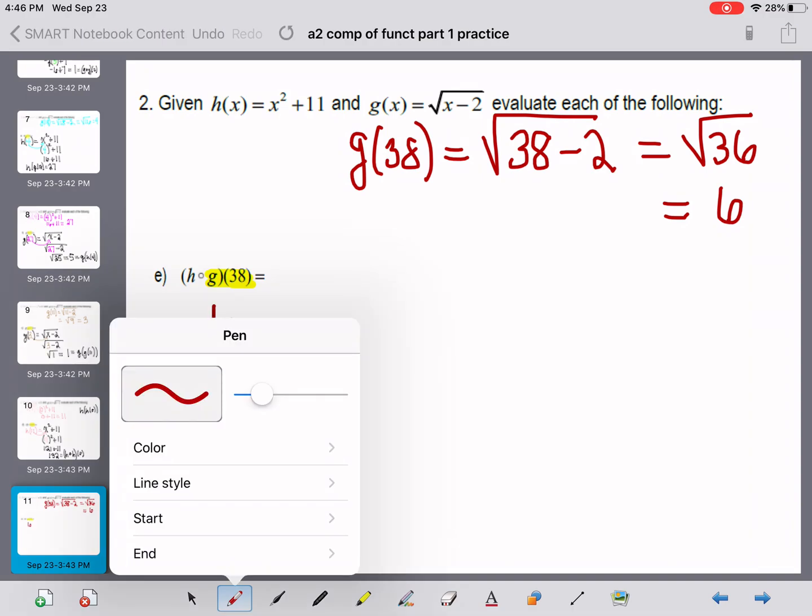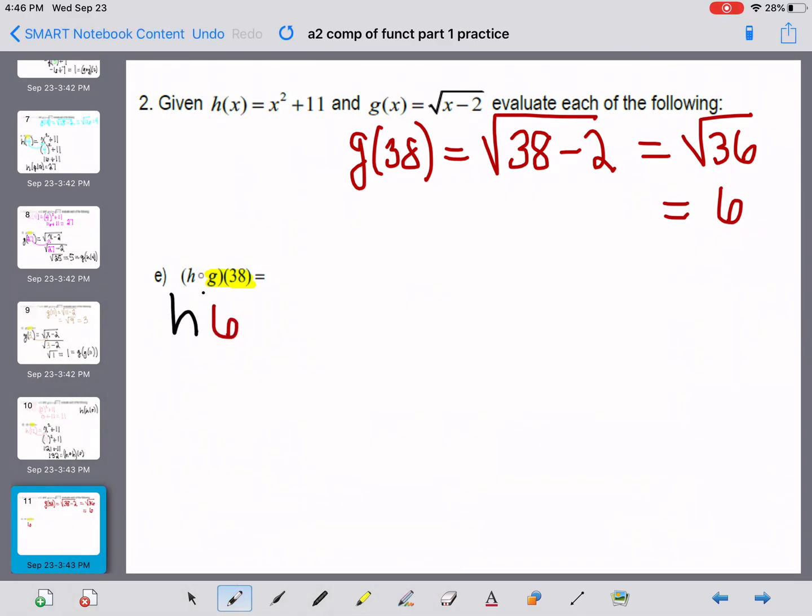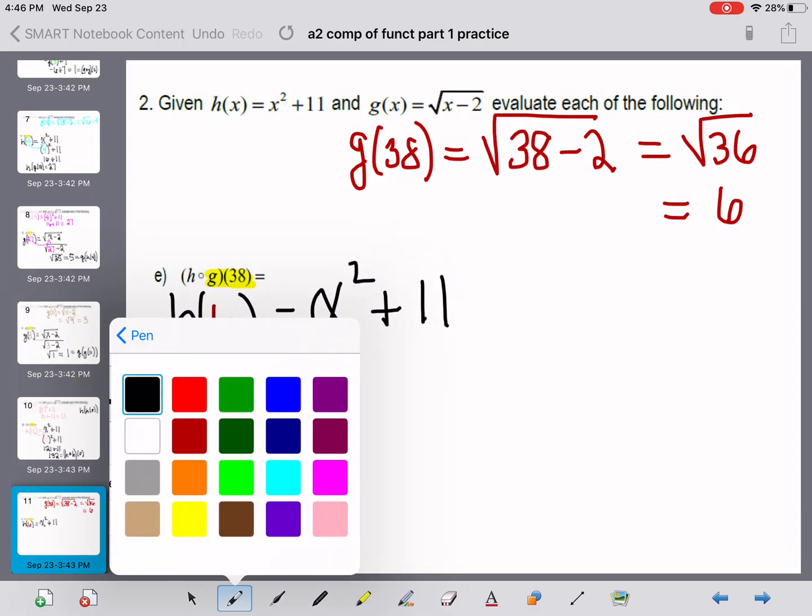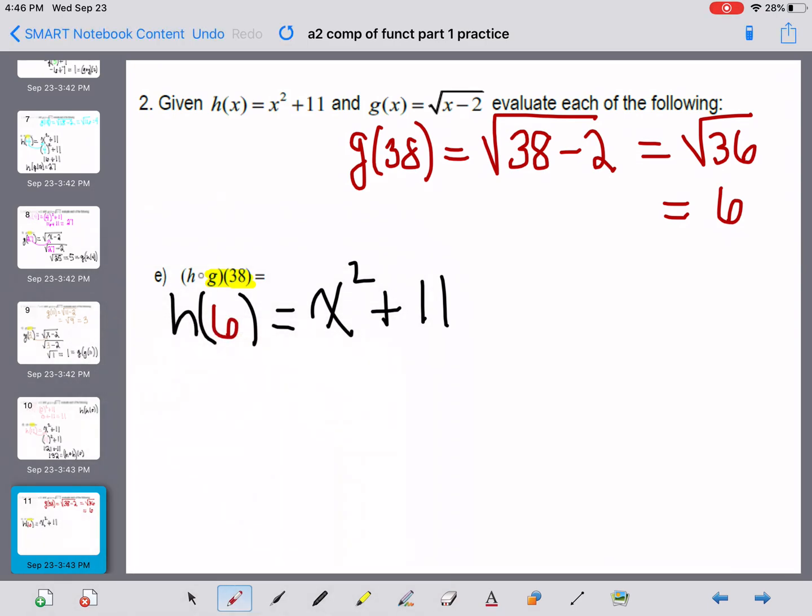So now what we're going to figure out is, well, what does h of 6 equal? And our h function is x squared plus 11. And we're going to take that value of 6, and we're going to replace the x.